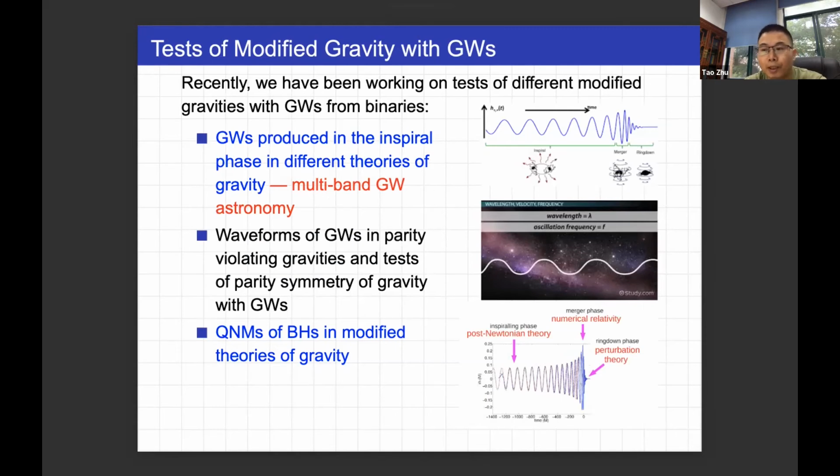Actually, in this direction, our group has been working on tests of different modified gravities with gravitational waves from binaries, including the gravitational waves produced in the inspiral phase in different theories of gravity, the waveform of GWs in parity violating gravities and their constraints by observations, and the quasinormal modes of black holes in modified theories of gravity.